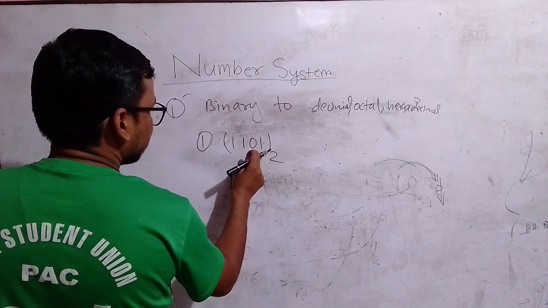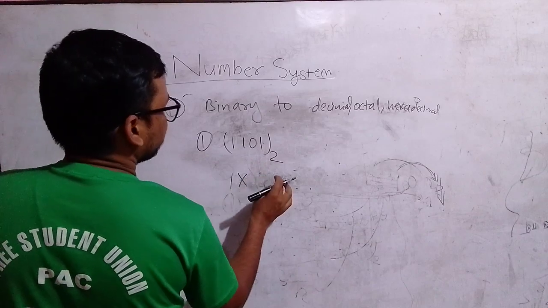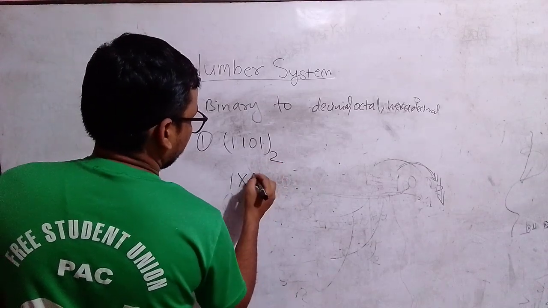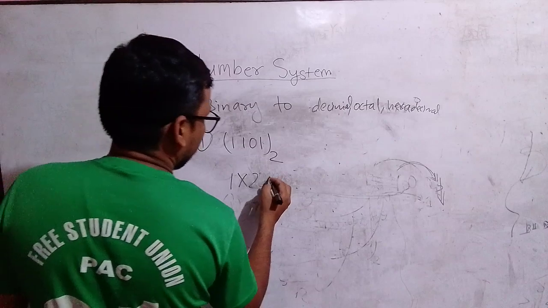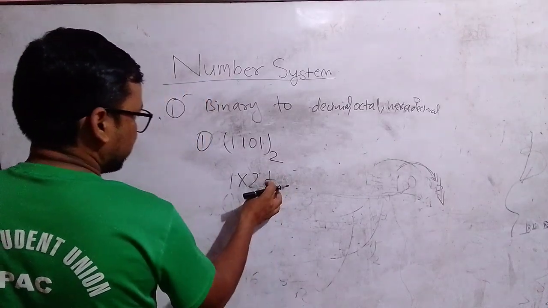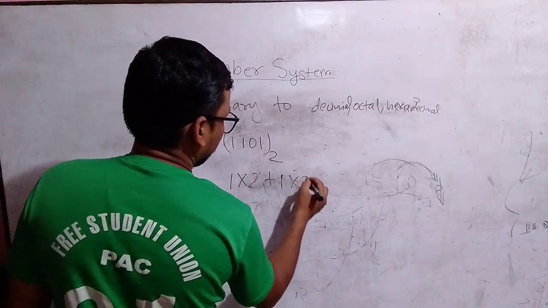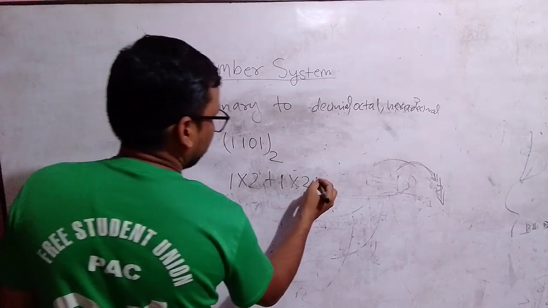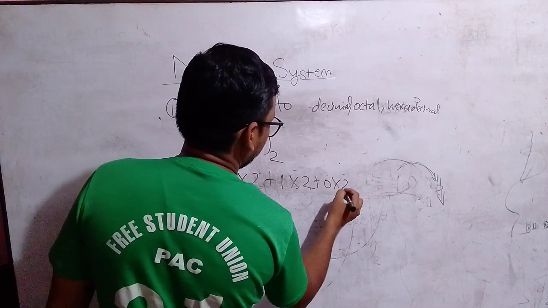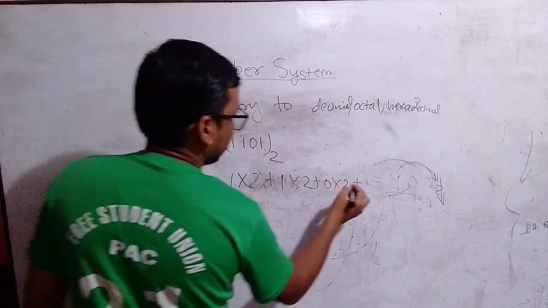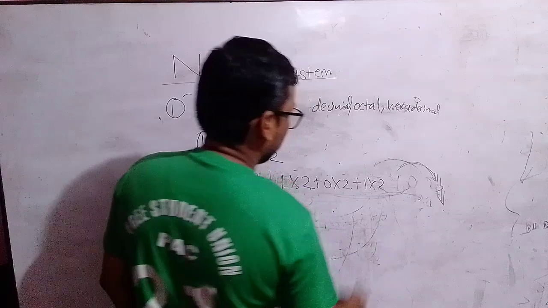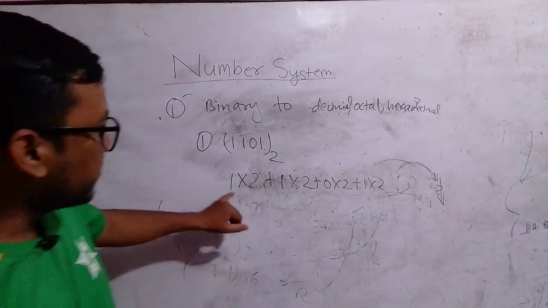And for each symbol we need to write times 2 plus, times 2. Why 2? 2 is the base. Plus 1 into 2, plus 0 into 2, plus 1 into 2. Now look here. We need to write it in this way.